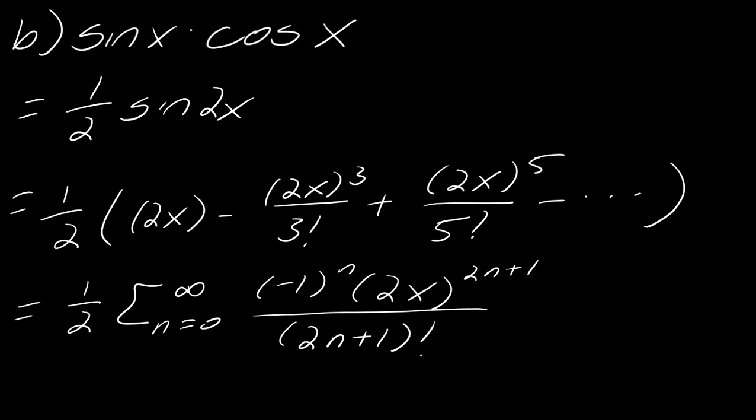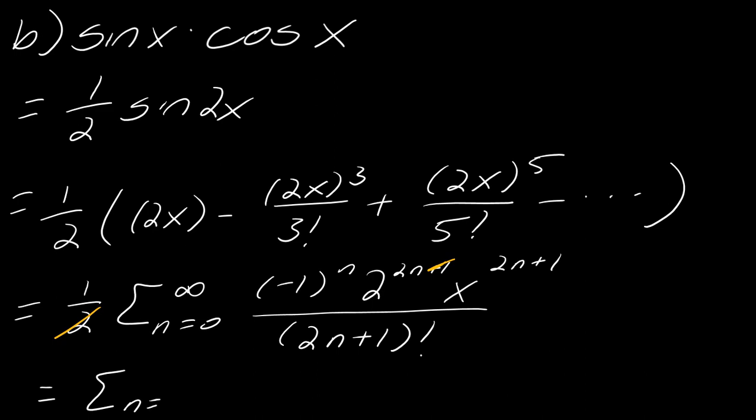And if I wanted to make this just a little bit more algebraically compact, I can mess with this exponent here. So I can rewrite this as 2 to the 2n plus 1, and then this will still be x to the 2n plus 1. But now I can cancel out this 2 with this right here.